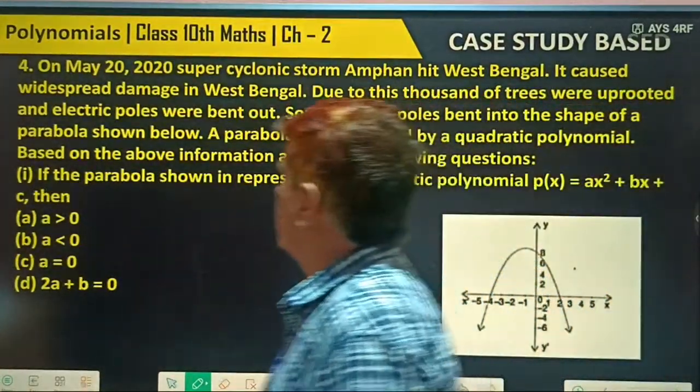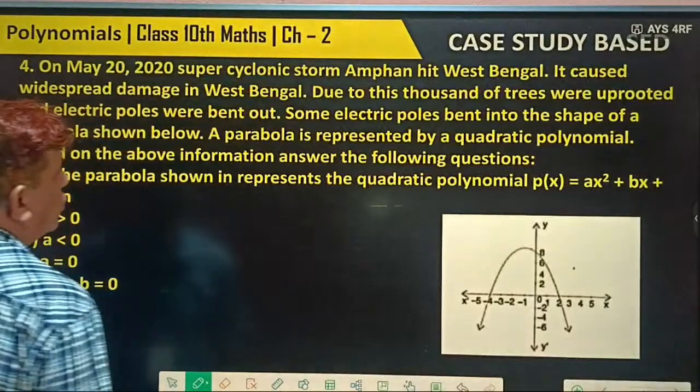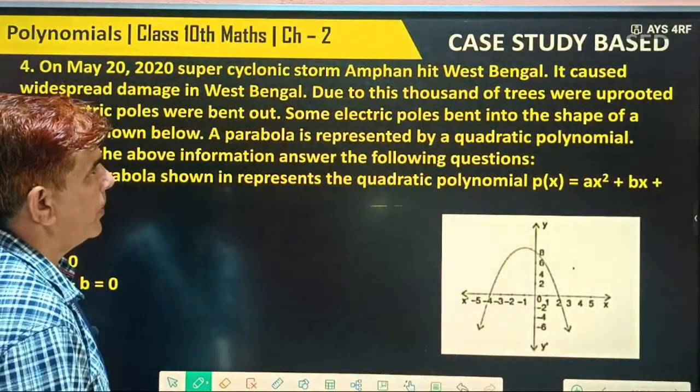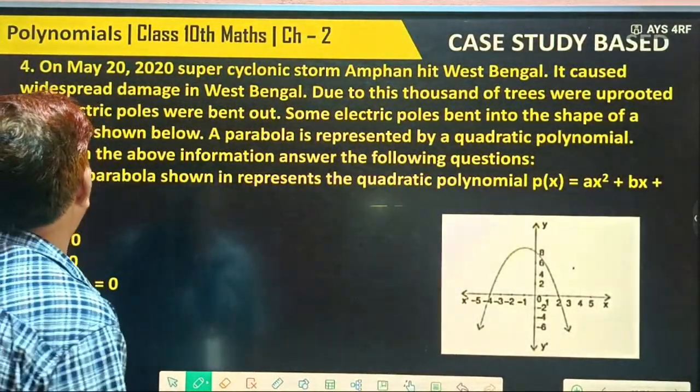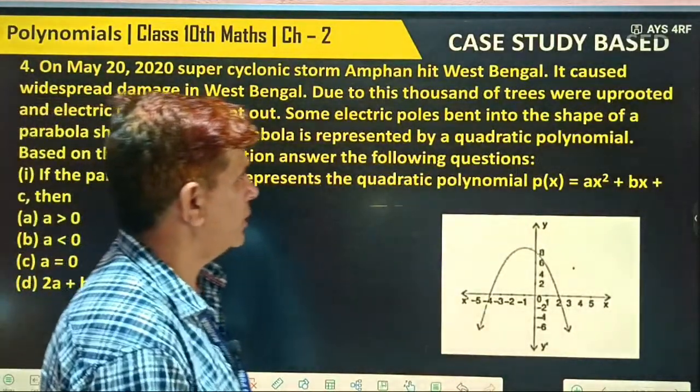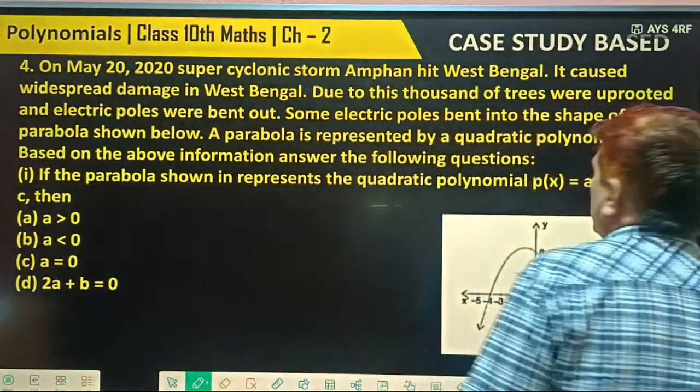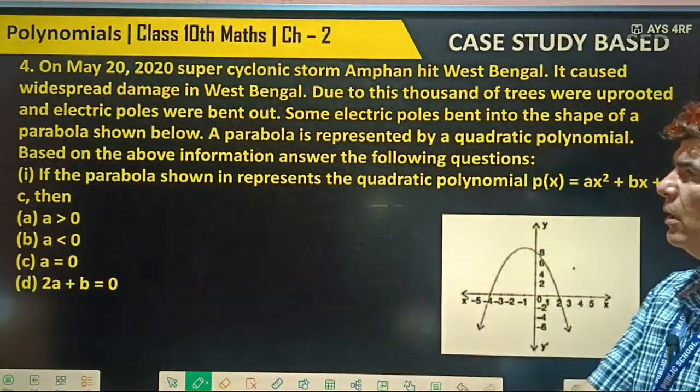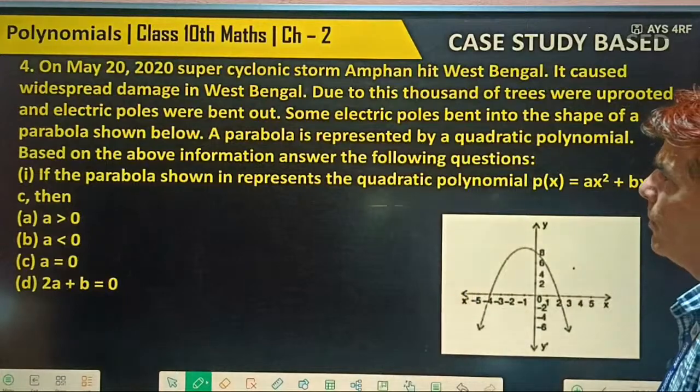On May 20, 2020, super cyclone storm Amphan hit West Bengal. It caused widespread damage in West Bengal. Due to this, thousands of trees were uprooted, meaning coming outside from the earth, and electric poles were bent also.